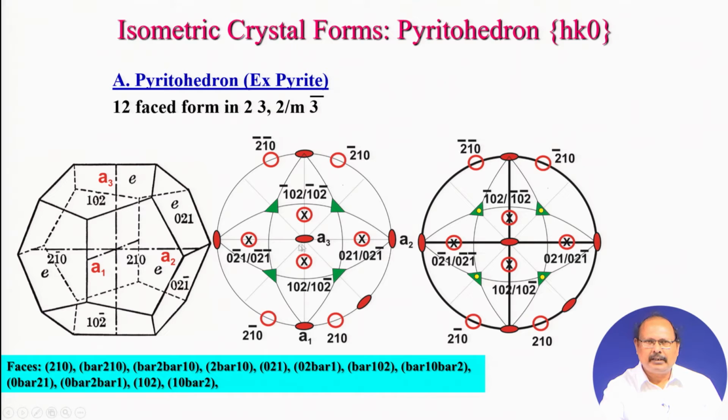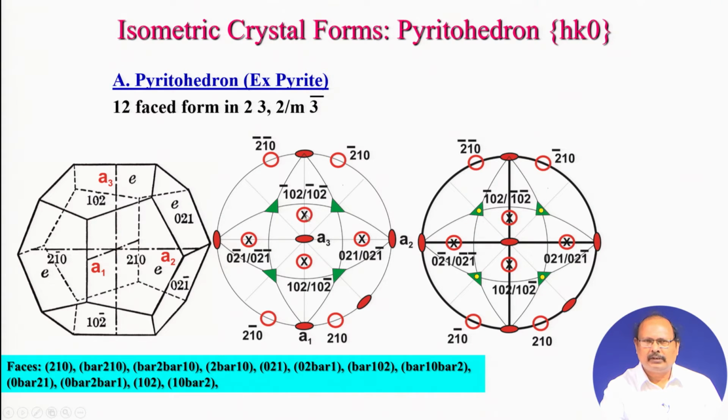What will happen here? This particular horizontal two-fold axis will act upon this face here, that is 1 0 2, and after 180 degree rotation, this will be repeated here as a face which will intersect the negative direction of the A3 axis, and the symbol of this will be bar 1 0 bar 2, and this has been shown by this cross here.